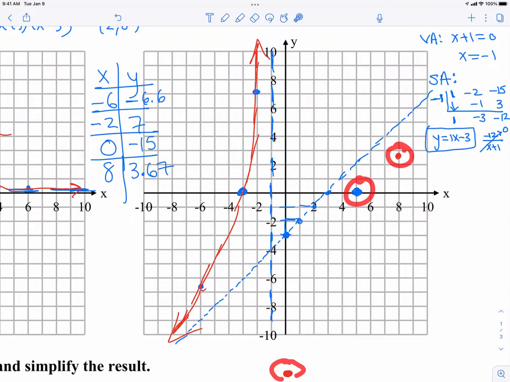So we'll draw a graph passing through those 3 points. So maybe something like this, curving down like that. Okay, and that completes our graph.